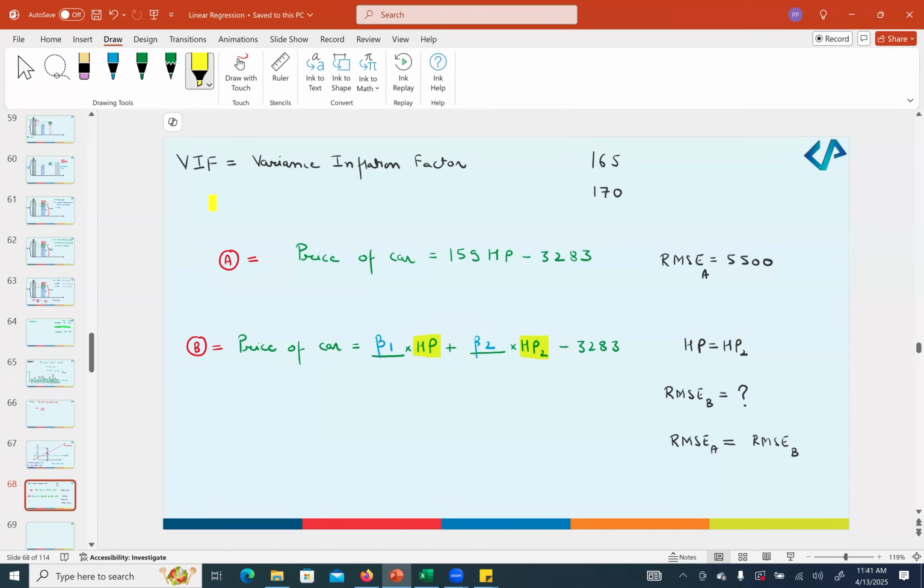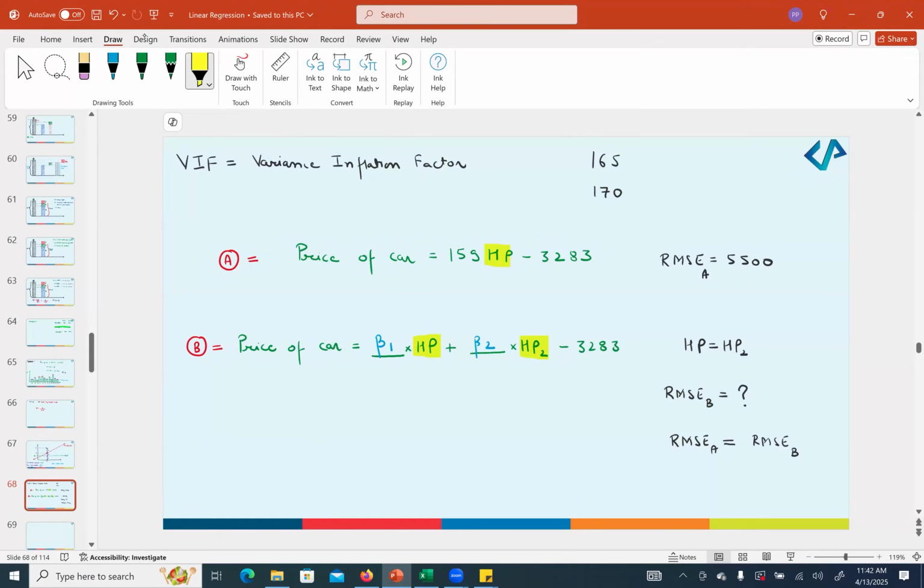Can it differentiate between the two? If they are equal, then the model cannot differentiate. The model cannot say that this is the same horsepower that you used in the first iteration. When you provide these two inputs, they have the same importance for the model. The model cannot say that this variable is more important than the other.